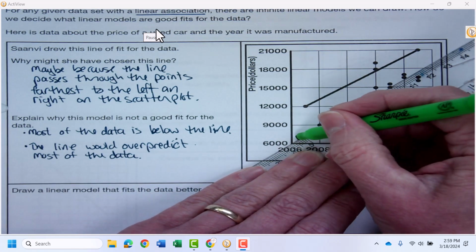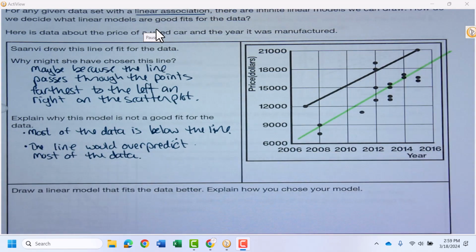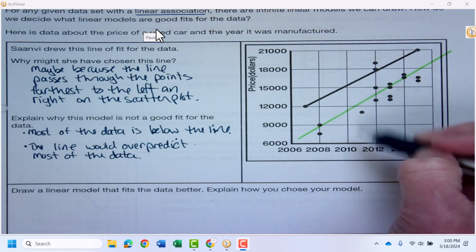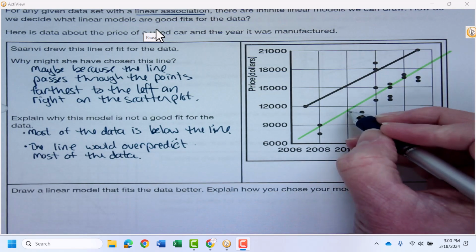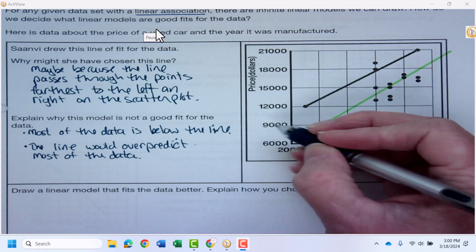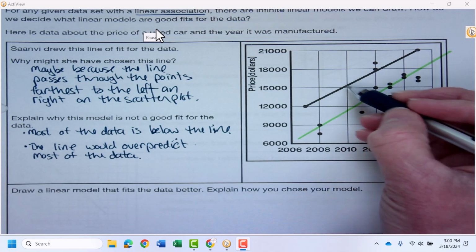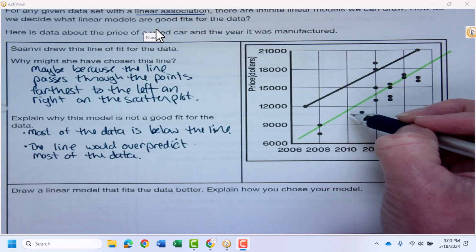I'm just going to draw this line of fit that I could use to predict the cost of a car from any given year. I don't actually have a car from 2010 in my data, but this green line would help me predict that it would be probably about $11,000, maybe $11,500, between $9,000 and $12,000. But the original line would really over-predict that.